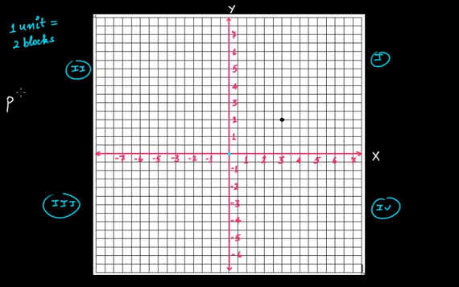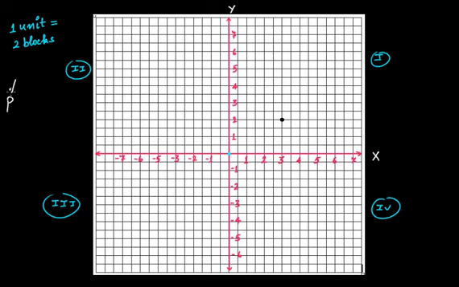So you will say that, hey, that's very simple. I'll tell you how. First, you have to tell the coordinates of this point. Position of this point P means you have to tell the coordinates of this point P. And each coordinate has 2 parts.